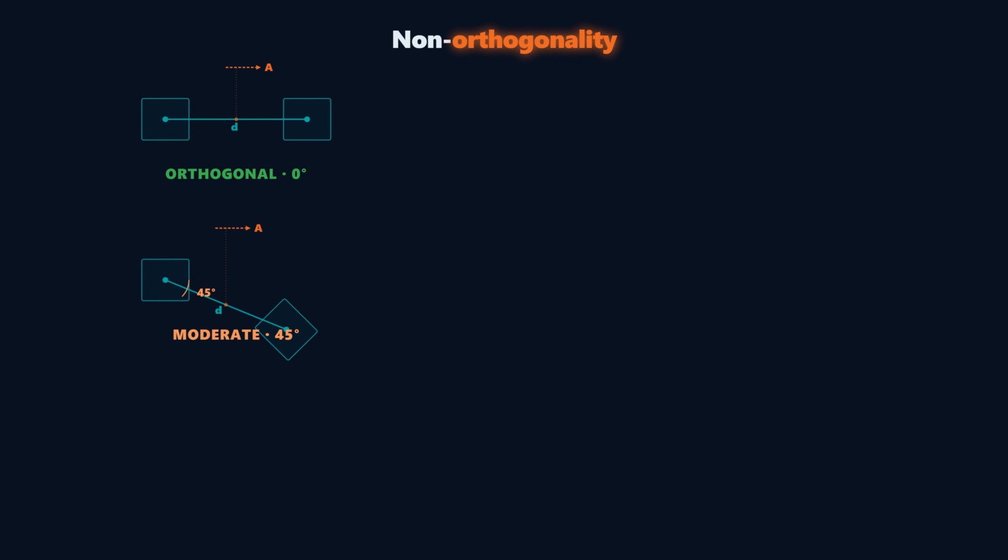Orthogonality, or more precisely non-orthogonality, measures the angle between the cell to cell vector and the face normal. On a perfect structured grid, these two vectors are perfectly aligned, 0 degrees non-orthogonality. But on unstructured meshes, especially around curved surfaces and sharp corners, these vectors diverge. Why does this matter?